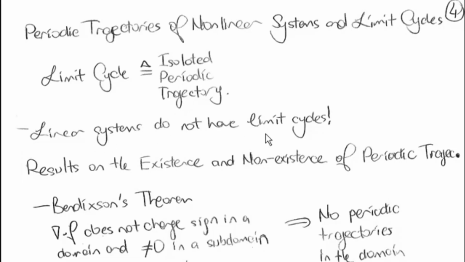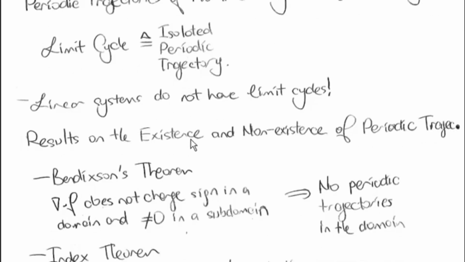So they don't have actually limit cycles. But in nonlinear systems, we can observe isolated periodic trajectories, which is sometimes quite useful and which is sometimes quite dangerous.